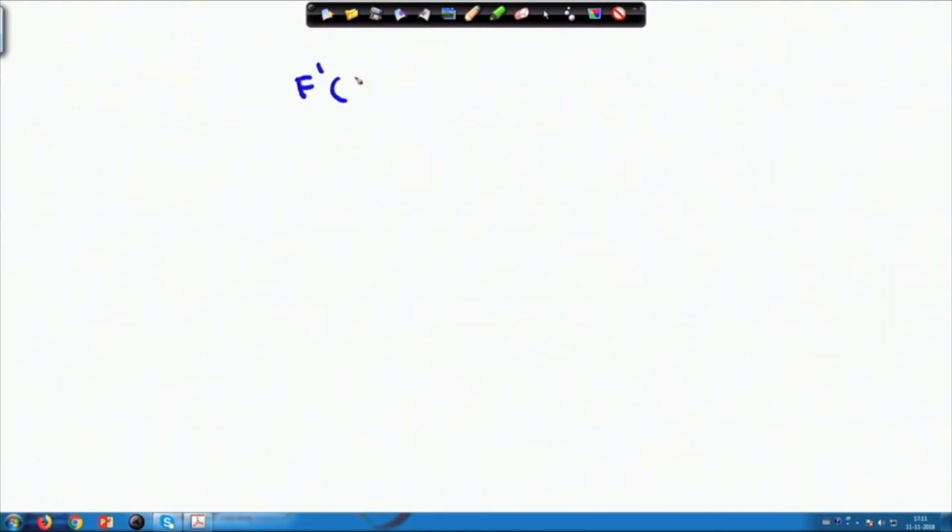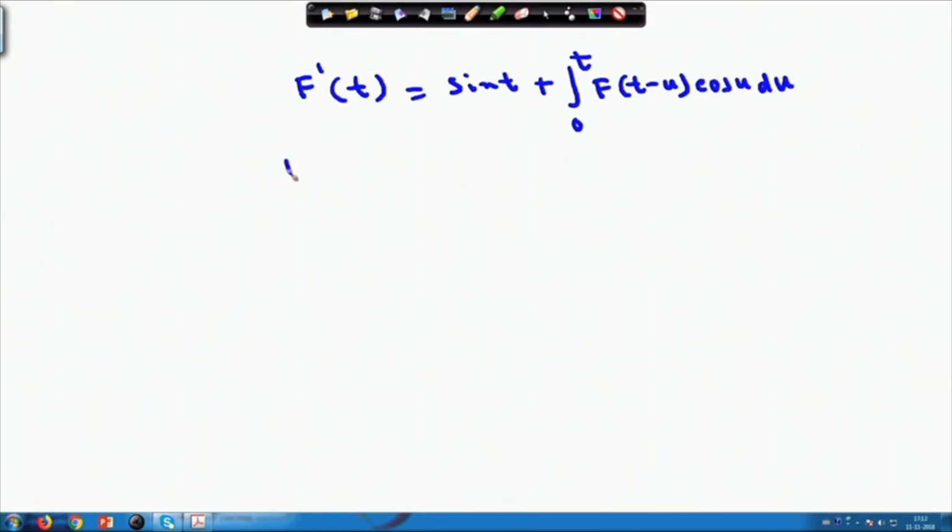So, your f′(t) equals sin t plus ∫₀ᵗ f(t−u) cos u du. As we have seen previously, this is nothing but the convolution of two functions f(t) and cos t.